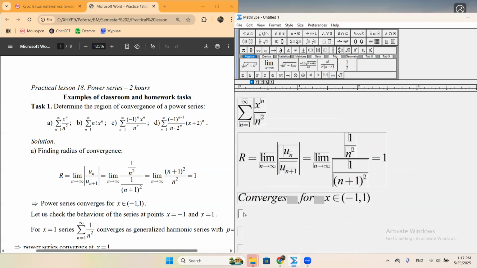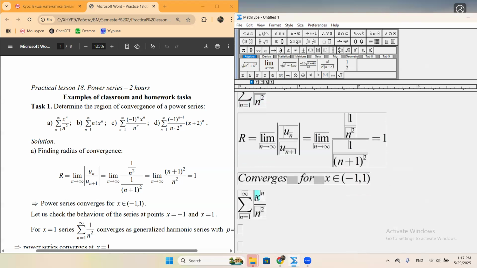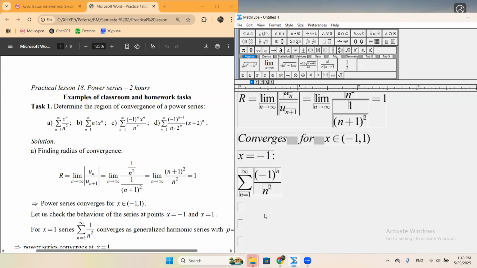So let's substitute -1 instead of x, for x equals -1. Actually, this series is alternating.